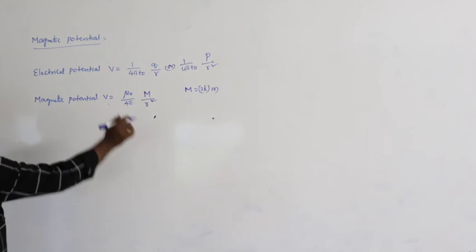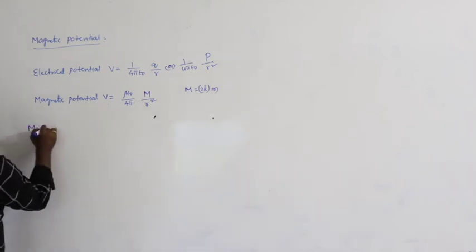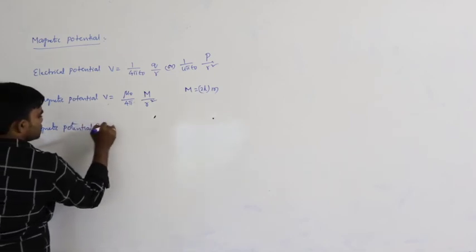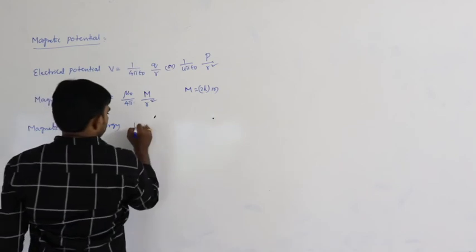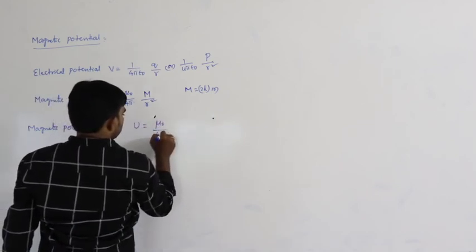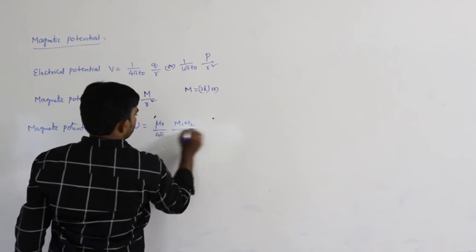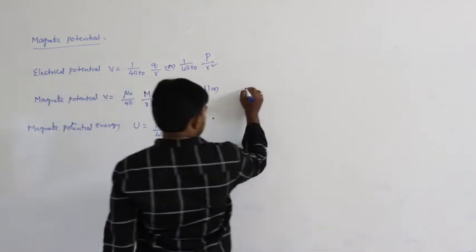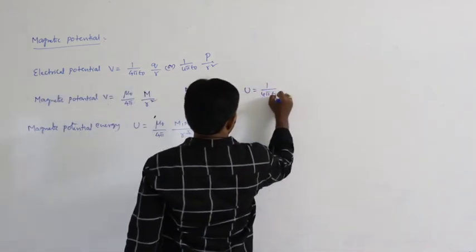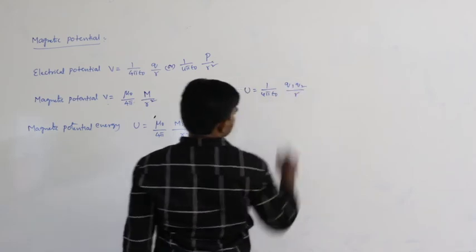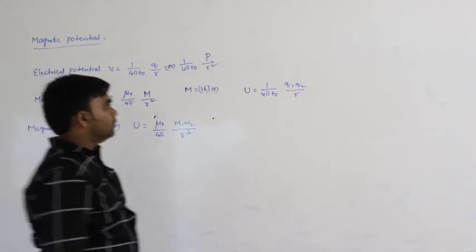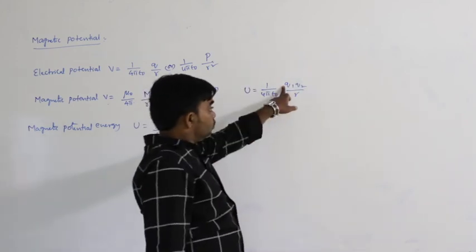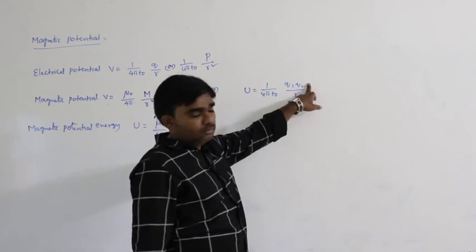Next, potential energy. U equals mu naught by 4 pi m1 m2 by r cube. Actually, the electrostatic potential energy formula is 1 by 4 pi epsilon naught q1 q2 by r. But if this is multiplied by 2L, that gives P1 P2, where 2L is the length of the dipole.